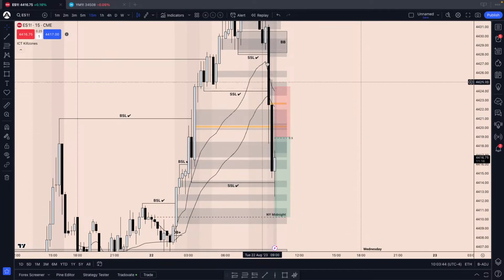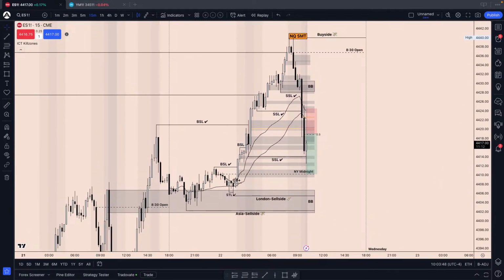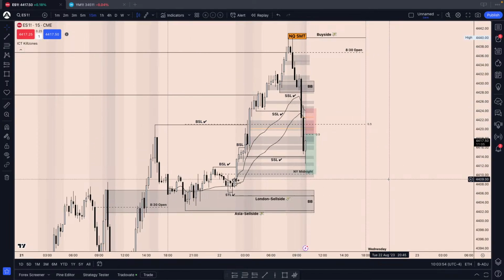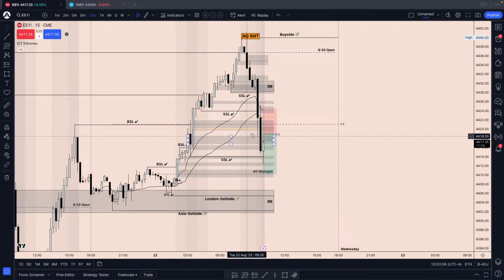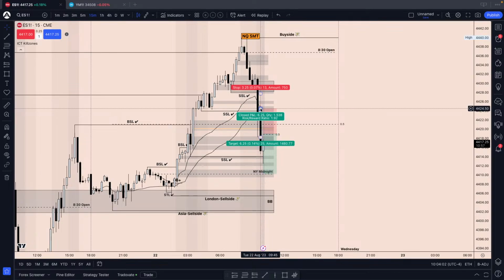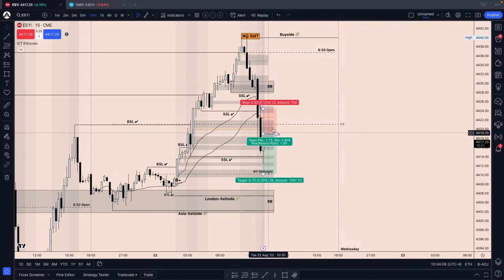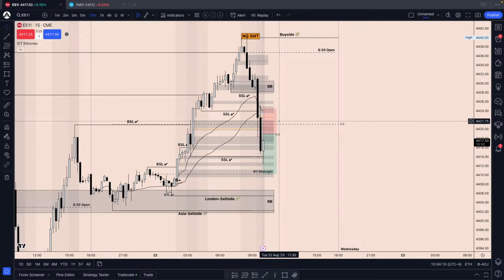Not sure if it's going to retrace all the way back, but if we look at today's range so far, from the Asian session low all the way up to our equal high buy side, we're already below 50%. So not really ideal to short. Our initial short was above that 50%. So I'm not too confident on that short just yet, because we might just continue to retest that equilibrium.